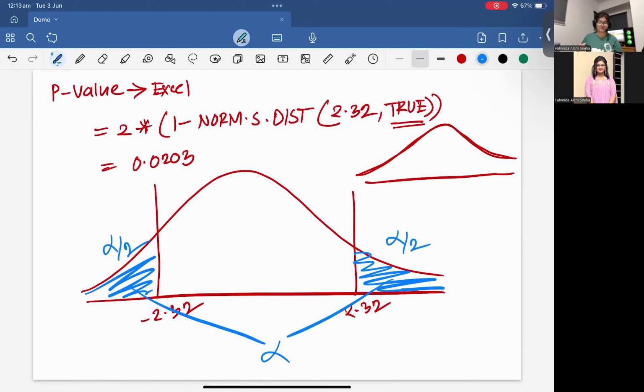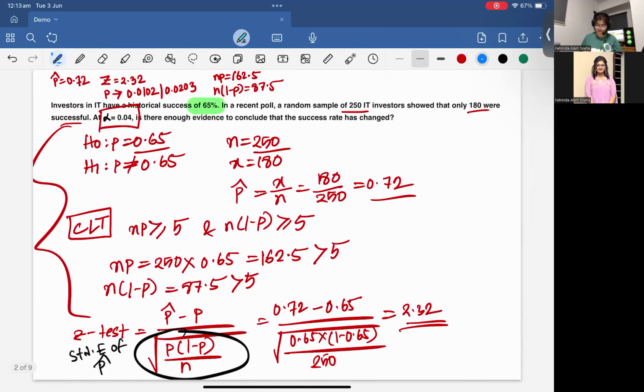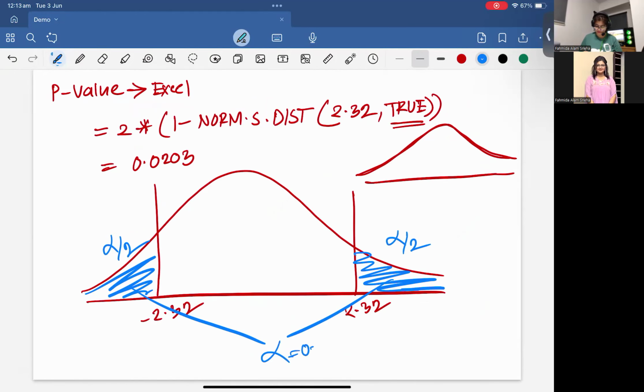This individual will be alpha by 2. Okay. So the alpha is 0.04. We get this from the question. All right. Now, if we go beyond this line or beyond this line, then we have to reject the null hypothesis. Now, since the alpha is 0.04, if the value is less than 0.04, then we can reject.